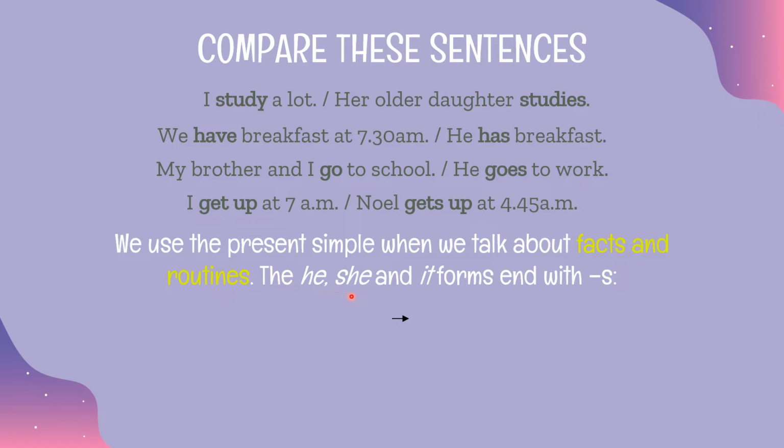The he, she, and it forms end with s. When we want to talk about facts and routines, something that we always do, we usually use present simple. And if the subject is singular, the he, she, and it forms, the verb ends with s. For example, for study, her older daughter is in singular form, she. So, study becomes studies.